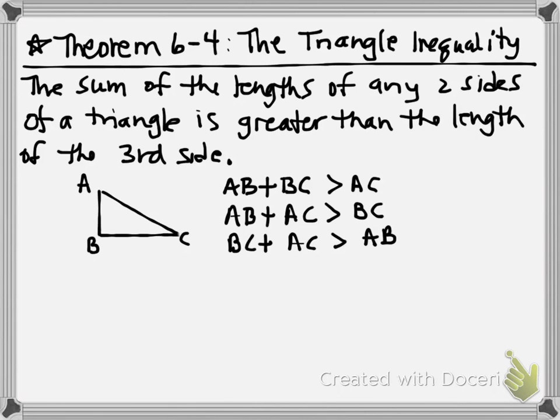So anyway, that's how they go about it. In something like this, you actually have to prove all three cases in order to prove this theorem. But for us, we're just going to use it. So you'll be seeing stuff like this on your homework tonight, and that's it.